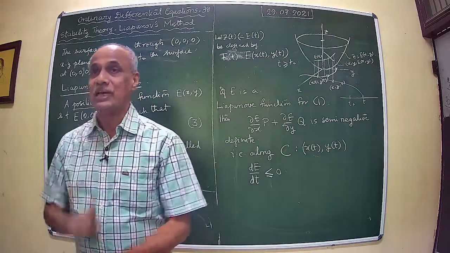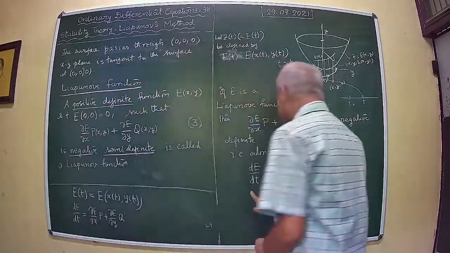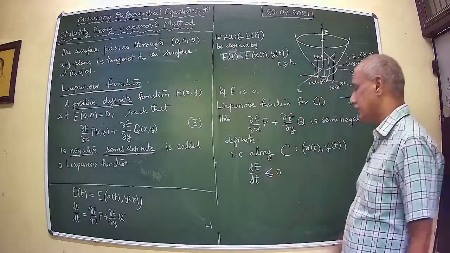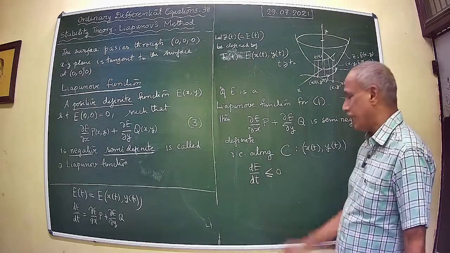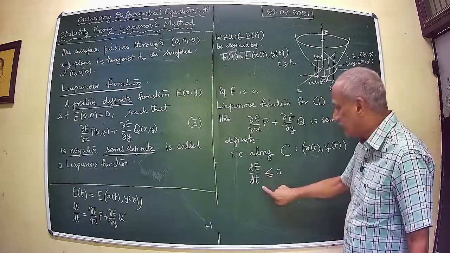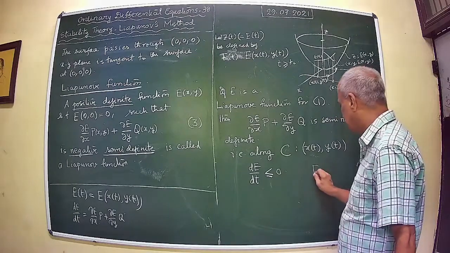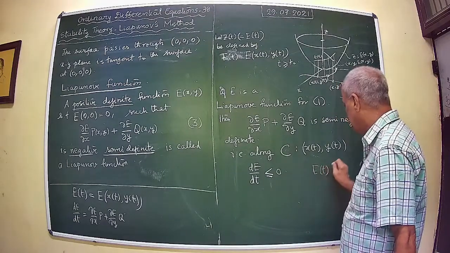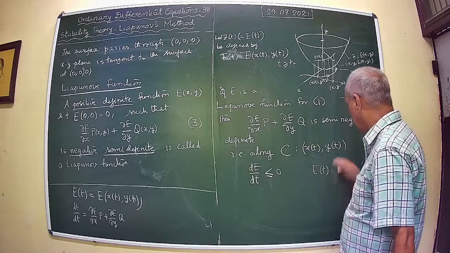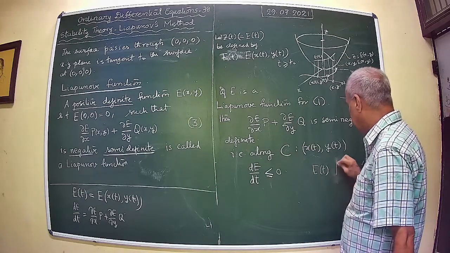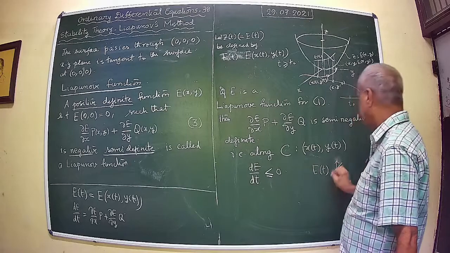Now this is the whole idea. This is the rate of change of E along the characteristic, and E decreases. So this says E(t) is decreasing, or at least it says not increasing.